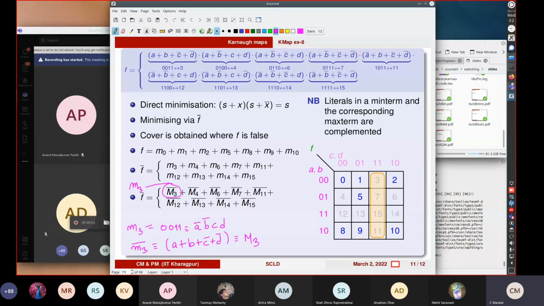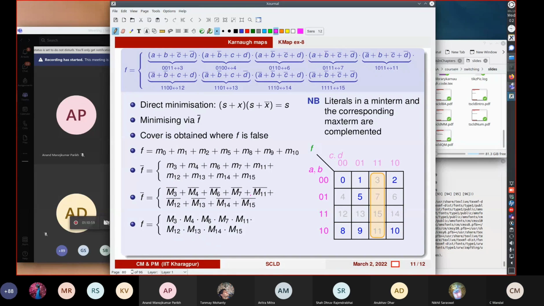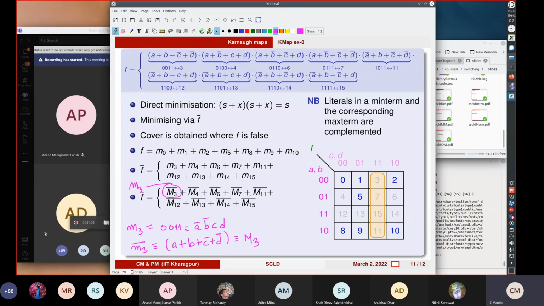Now if you take F, this is what you get, which is in fact this.